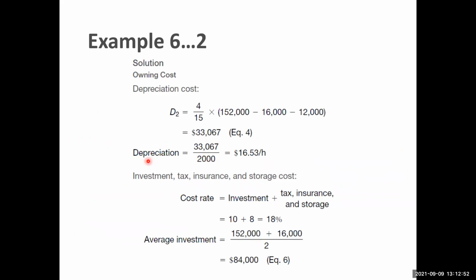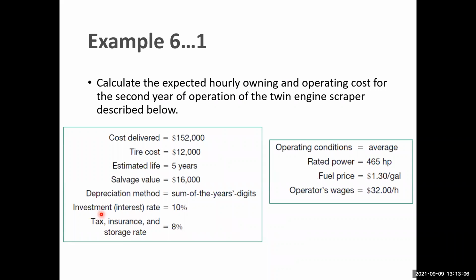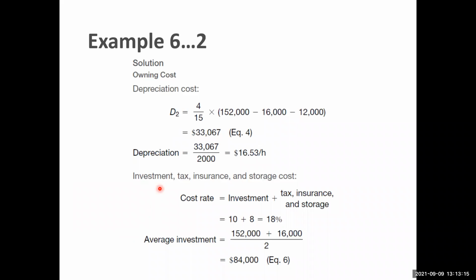Once we have this depreciation value, next we need to calculate the investment, tax, insurance, and storage cost. Some data has been given: the investment rate was 10%, and the tax, insurance, and storage rate was 8%. So the total of the investment, tax, insurance, and storage rate is 18%.